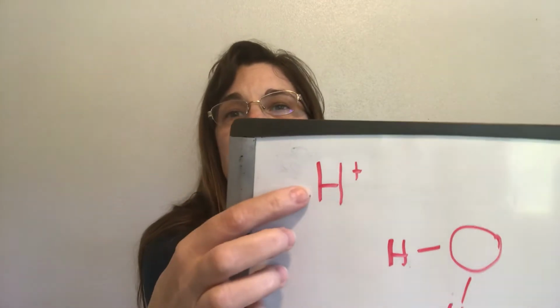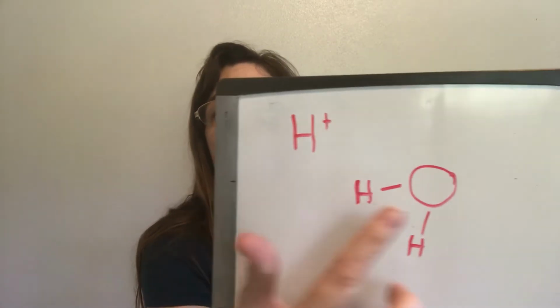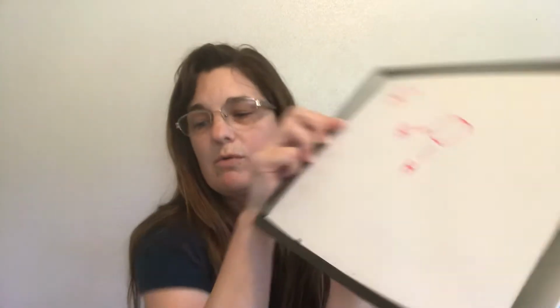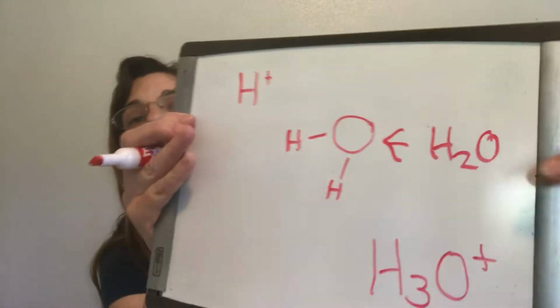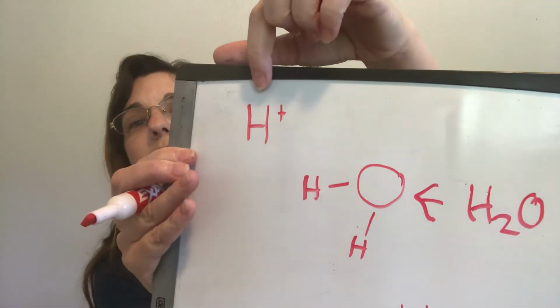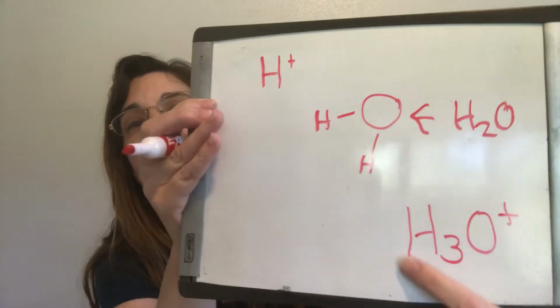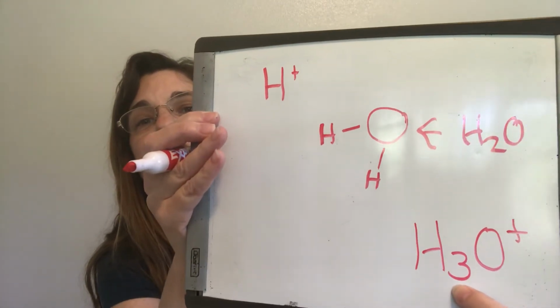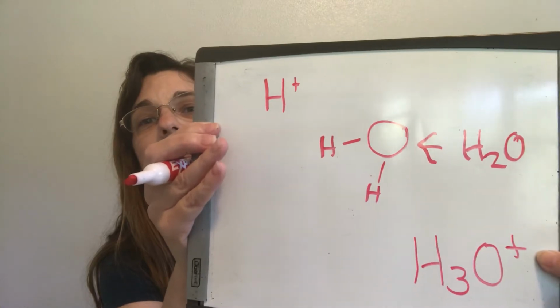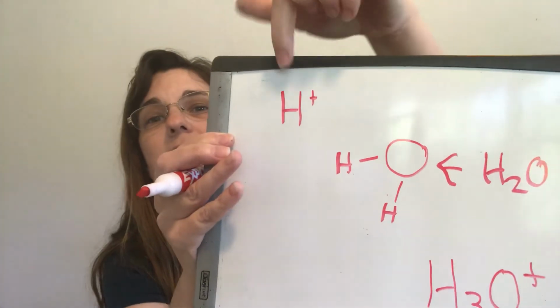And if you mix this hydrogen ion with water, which is H2O, you're going to get what we call hydronium, which is H3O+. The water was H2O, and if you add an H+, you added another hydrogen, so it's H3, and then it has a positive charge from the H+, so it becomes hydronium.